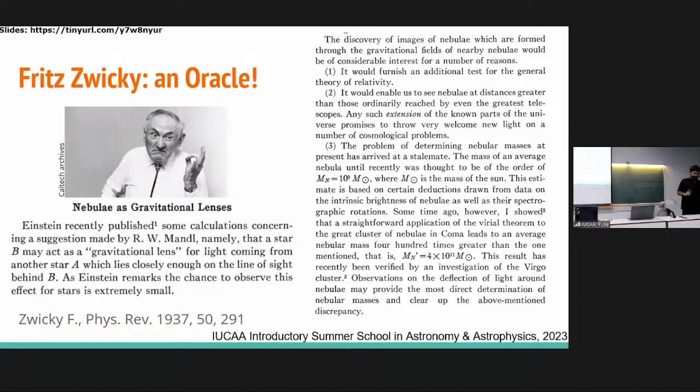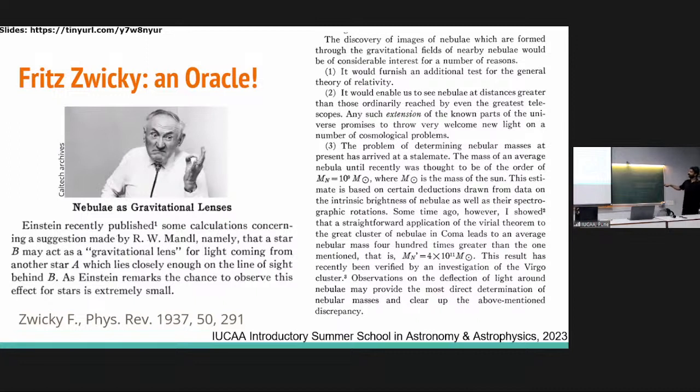So Einstein, even though he was really brilliant, he actually missed out some of the things that you could use this particular deflection of light for. The kind of things that we use gravitational lensing for, a lot of these things were predicted by this particular person, Fritz Zwicky, in an article in the 1930s.